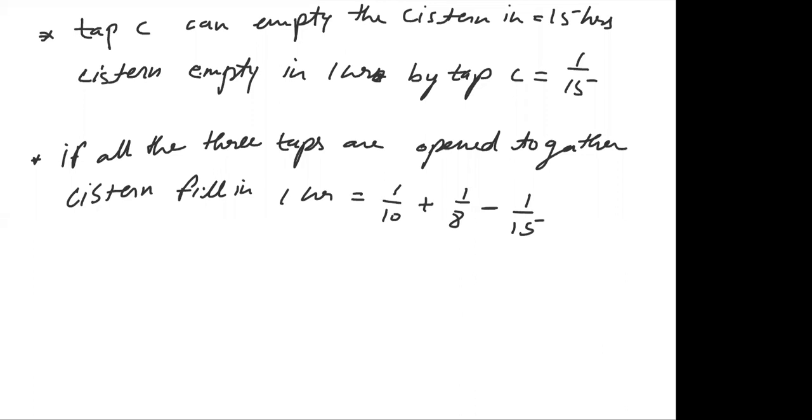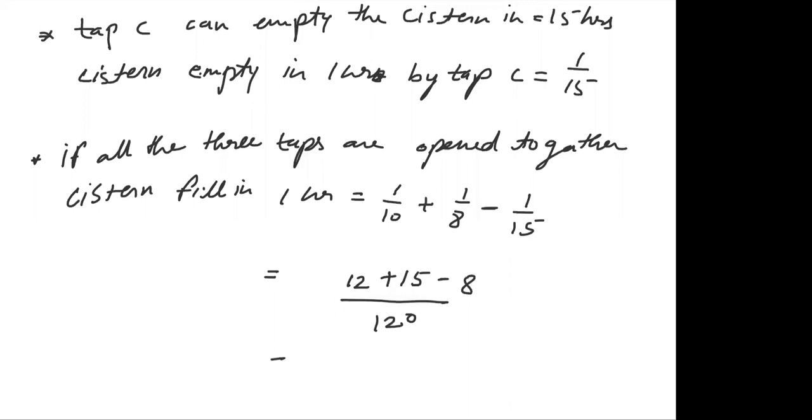Now solve it. What is the LCM of 10, 8 and 15? Tell me, what is the LCM of 10, 8 and 15? 120. Okay, so here you will get 12 and 15 and here 8.